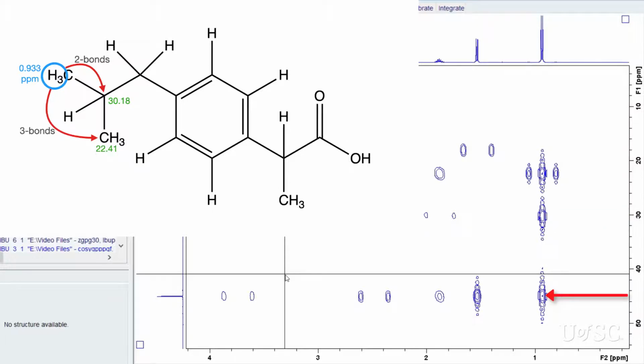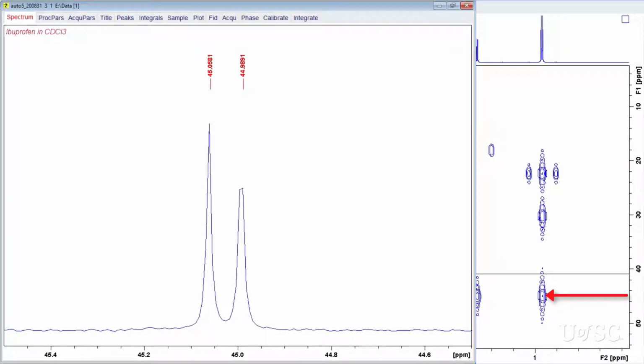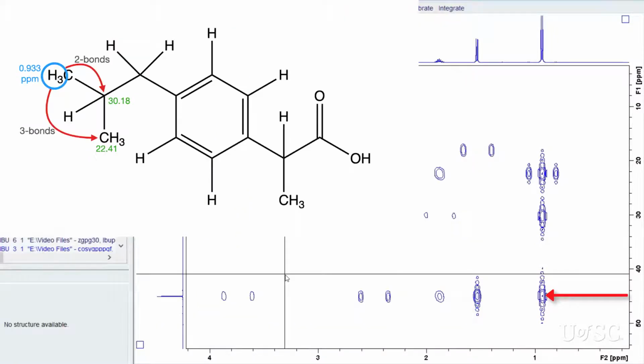The third correlation falls at 45 ppm. As we saw in the HSQC result, there are 2 very closely spaced C13 resonances in this area. One was at 45.06 ppm and the other was 44.99 ppm. With a digital resolution of 1.7 ppm in the F1 dimension, there is no way we can distinguish which carbon is contributing to any of the correlations in this area.